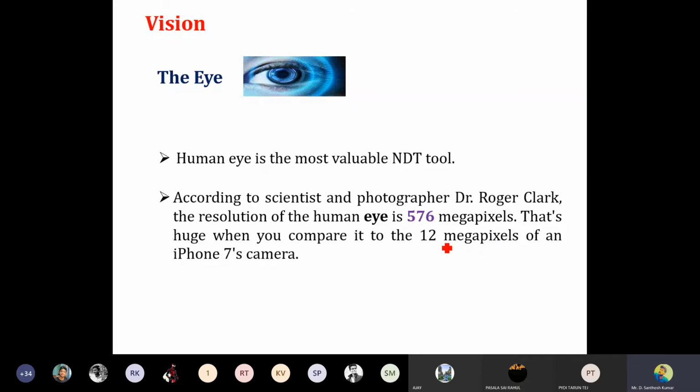How huge it is. So that's why with this particular tool you can easily detect flaws or defects on the surface level. I hope you understand up to this.